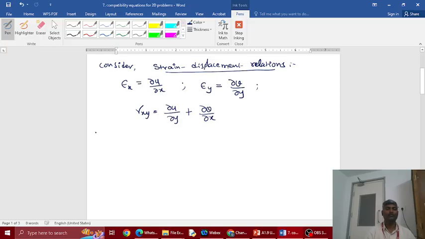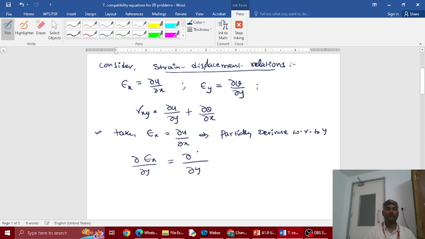Now consider epsilon x = ∂u/∂x. Partially differentiate this with respect to y, which means ∂/∂y of epsilon x.